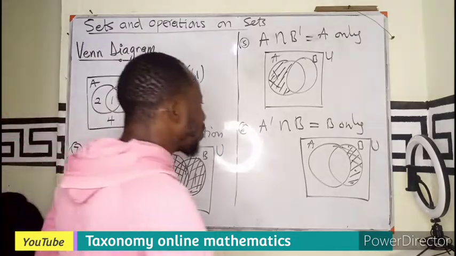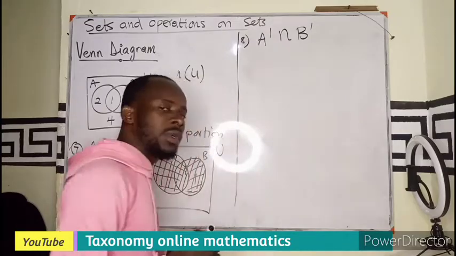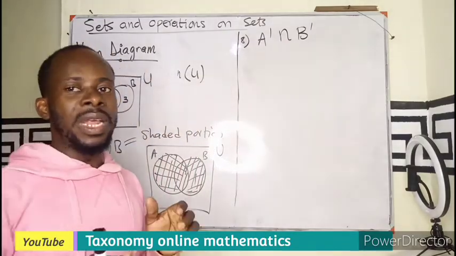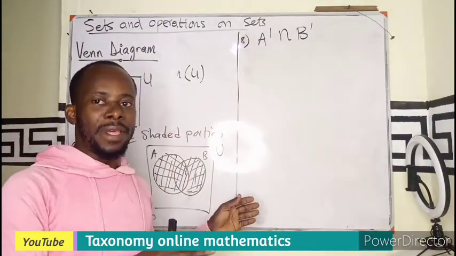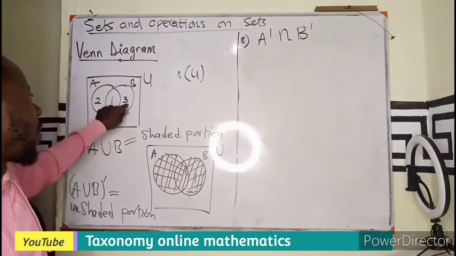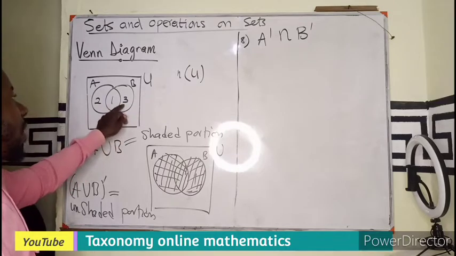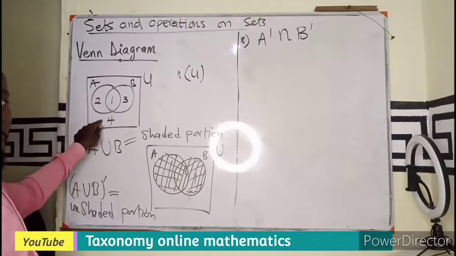All right. We've already found the complement of A and the complement of B. The complement of A is going to be regions 4 and 3. The complement of B is going to be regions 2 and 4.